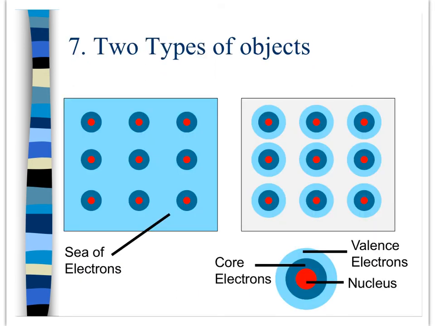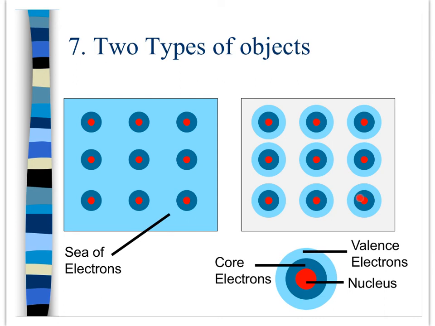The last major concept we need to talk about here are the two different types of materials that we're going to be dealing with. All right, and to do that, we're going to look at this fairly simplified version of atoms here, and in this version we have the red central dots for each of these atoms that represent the nucleus of the atom.